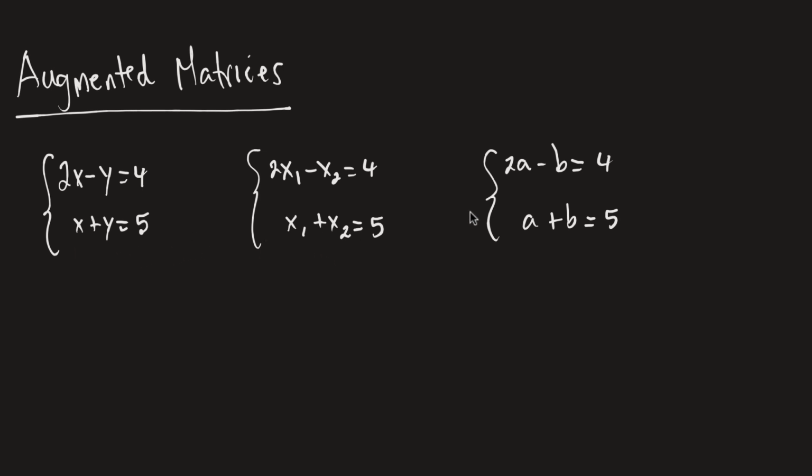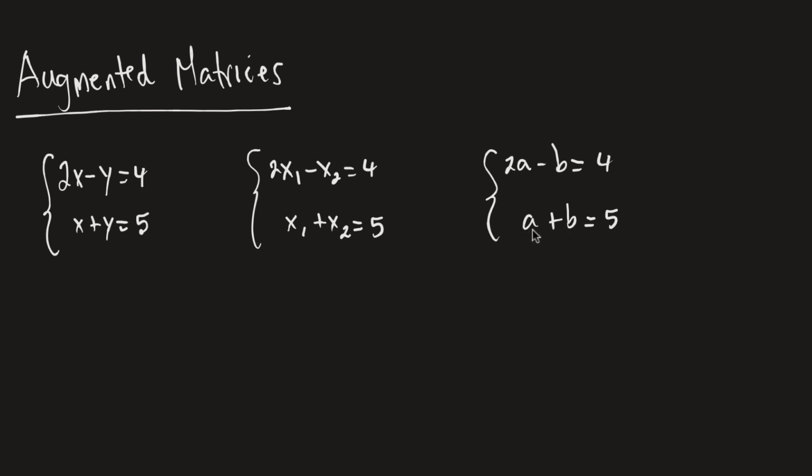Now, if you were to look at these three systems and ask what they have in common and how they differ: in the first system, I'm using x, y as my pair of variables. In the second system, I'm using x1, x2. And in the third system, I'm using a, b.